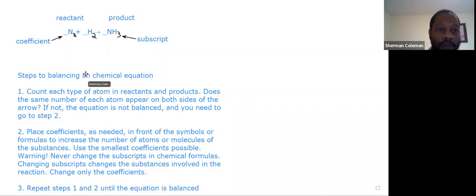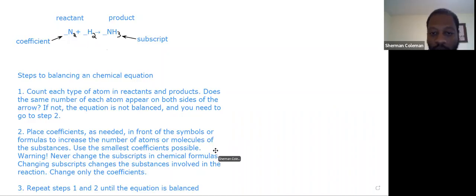All right, with that being said, we're going to balance this equation. Balancing an equation is 3 simple steps. The first step is we count each type of atom in the reactant and the product, and we want to see if the numbers are the same. So let's do that.